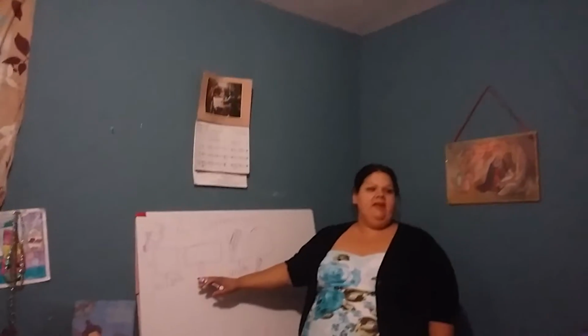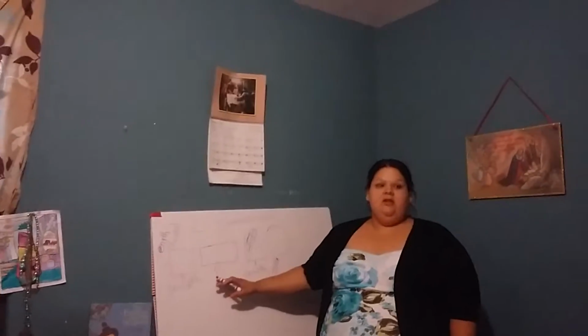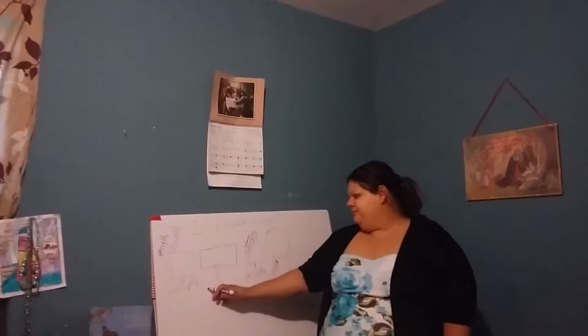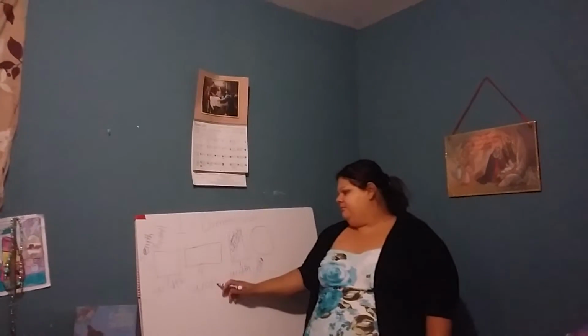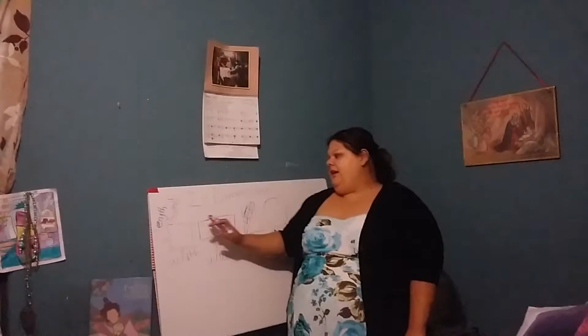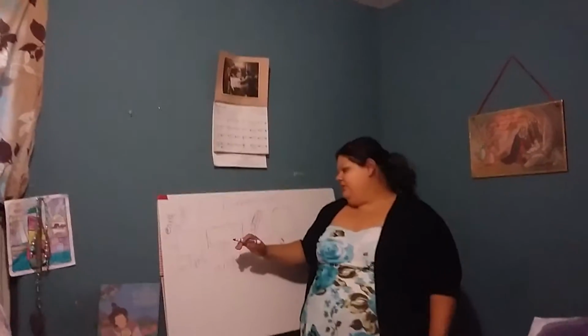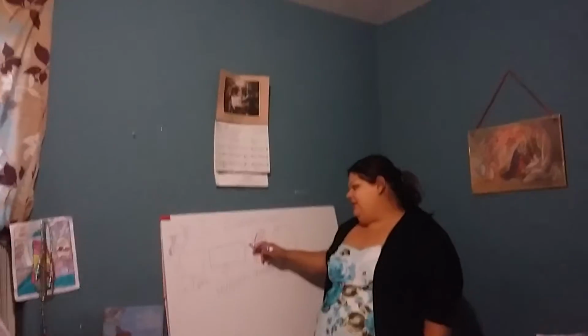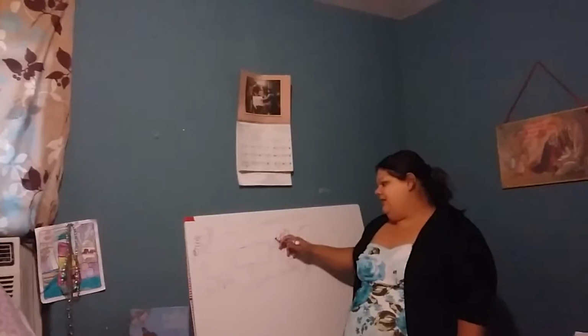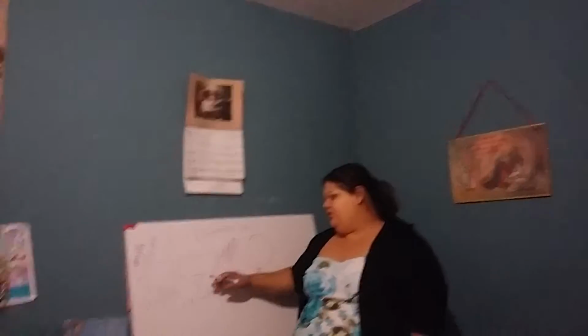Is this the length? No, very good. It's the width. Good job, Maria. This is the length, and on your sides, that's the length. On both sides. So make sure you put the little arrow labeling your width and your length.